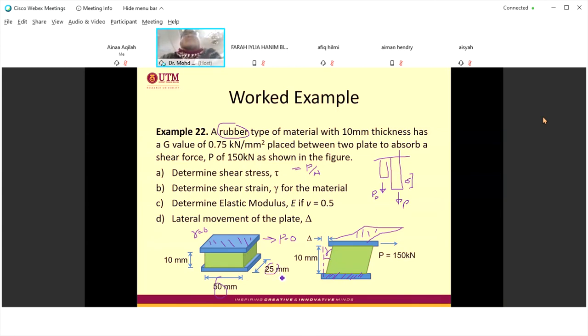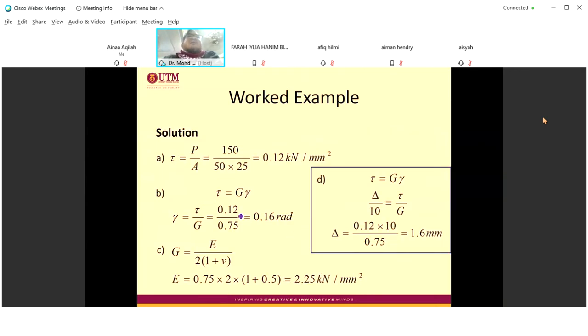Determine the shear strain. You can use the formula: shear stress equals rigidity multiplied by angle. You can calculate in terms of radian.